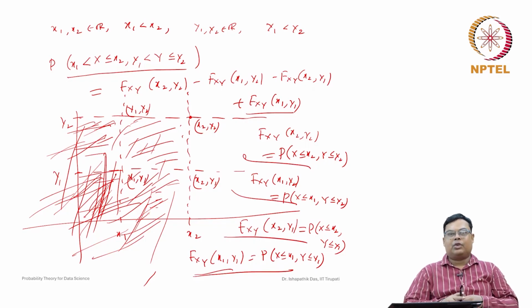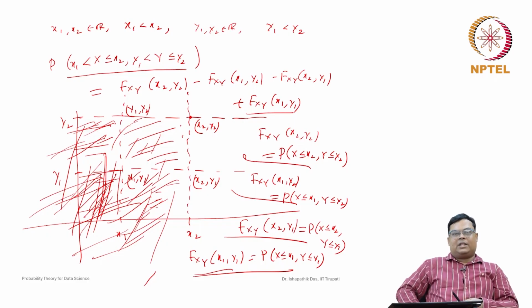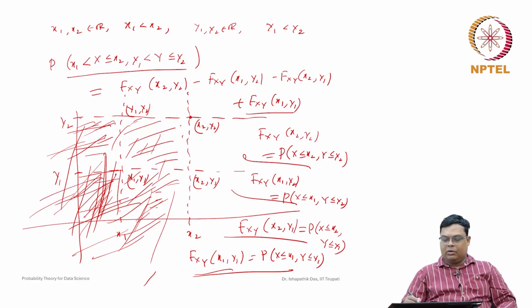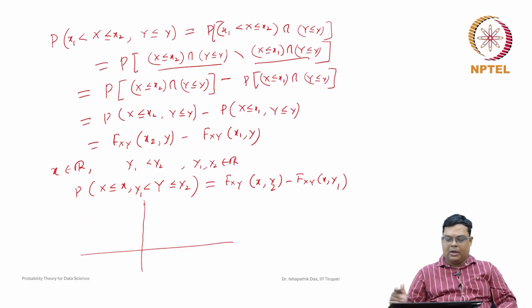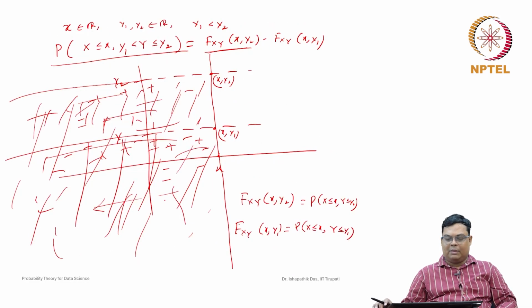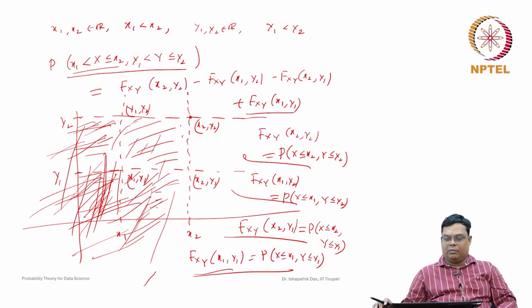You can also prove this using set theory. You can find what the set is and how to represent it, and then, fixing y1 and y2 first, you can apply what we proved previously 2 times. Then you can prove it.